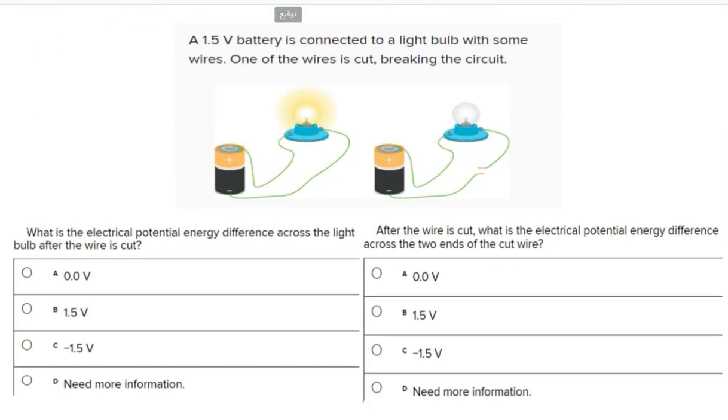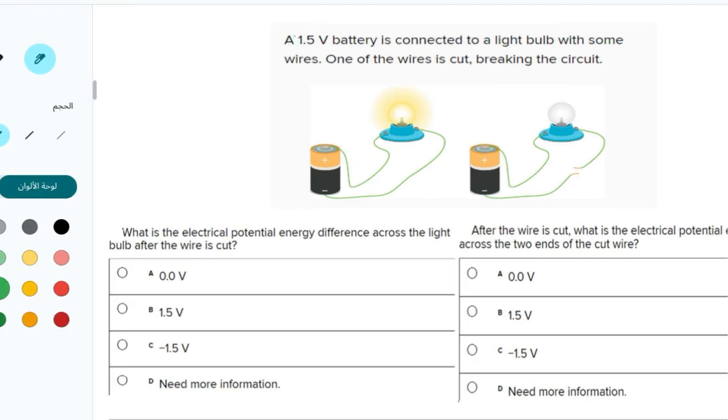Next question is telling us a 1.5 volt battery is connected to a light bulb. I'm going to circle this. It's giving us information. With some wires. One of the wires is cut, breaking the circuit. Okay, so we see that the wire is cut here. What is the electric potential energy difference across the light bulb?